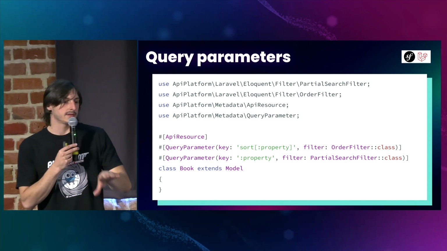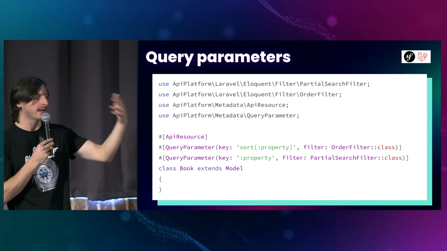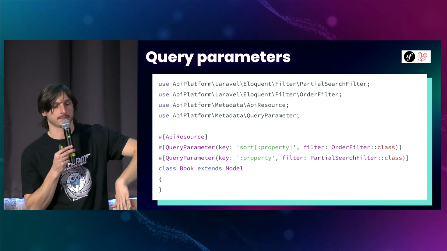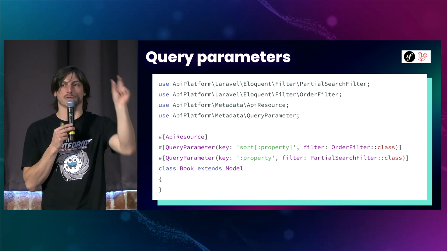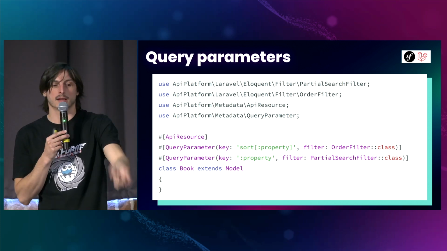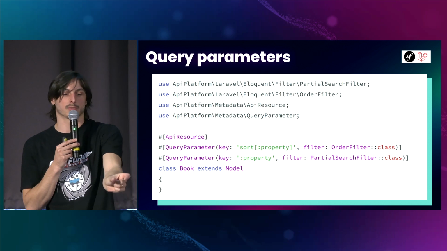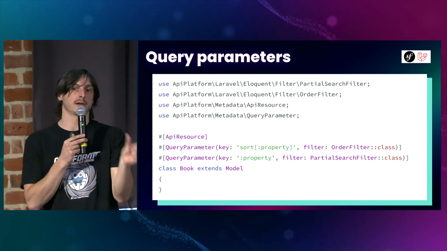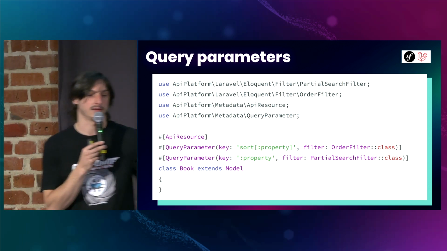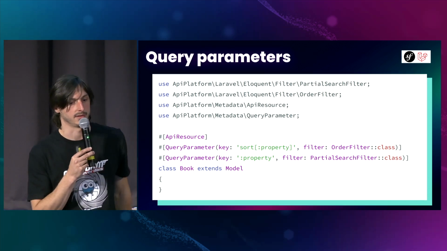So here you can see I have a resource and I plugged in 2 parameters. I use the sort parameter, so query parameter sort. Then I have this property placeholder. To this parameter, I attach a filter, an order filter here.